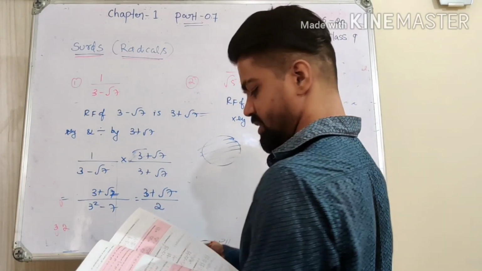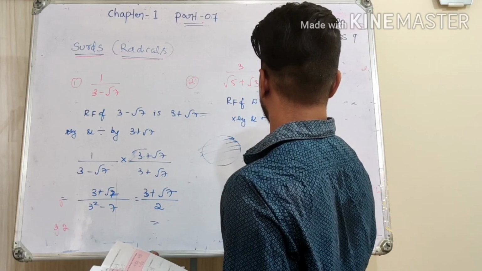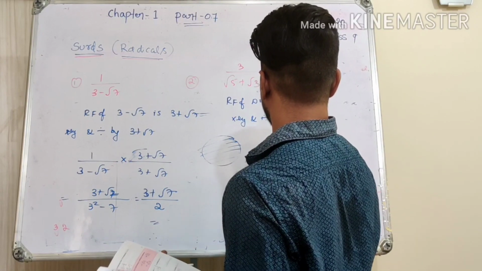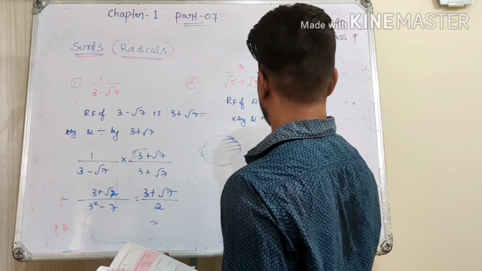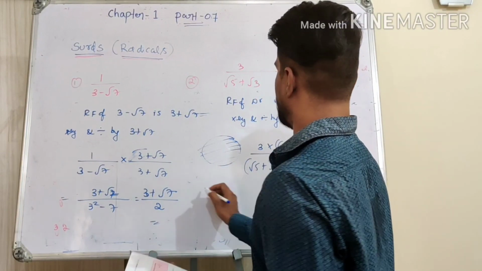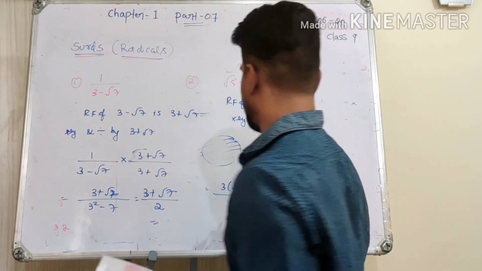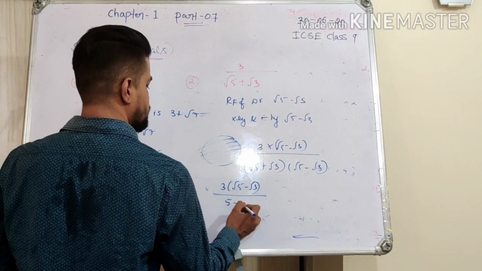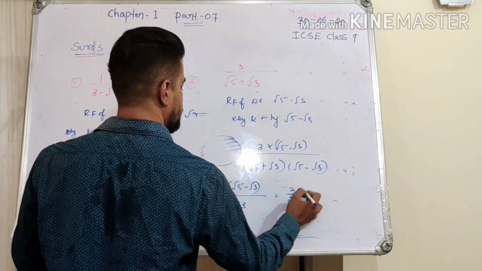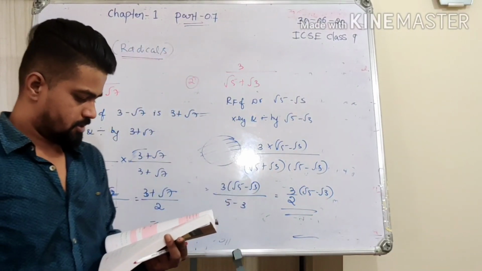We end up with 3 into root 5 minus root 3 divided by root 5 plus root 3 into root 5 minus root 3. So we end up with 3 into root 5 minus root 3 divided by 5 minus 3. We simply end up with 3 by 2 into root 5 minus root 3. That is the answer.